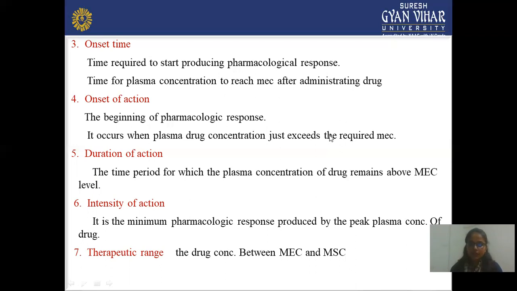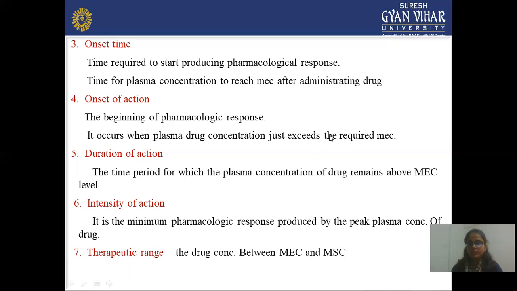Next is intensity of action. Intensity of action is the maximum pharmacological response produced by the peak plasma concentration of a drug. Next is therapeutic range.